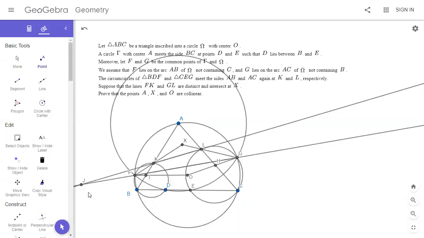I was thinking if we can show H, I, and J are collinear, that would solve the problem.